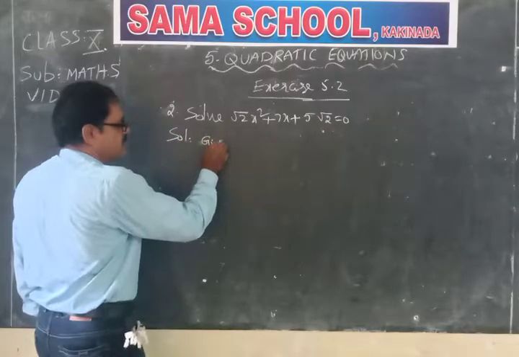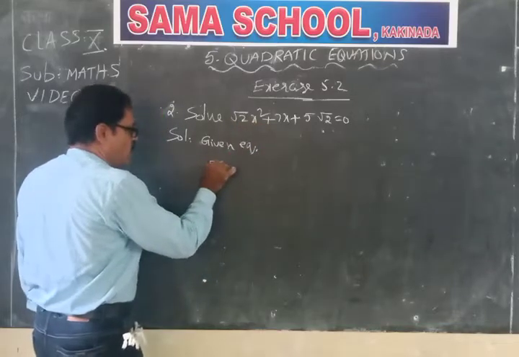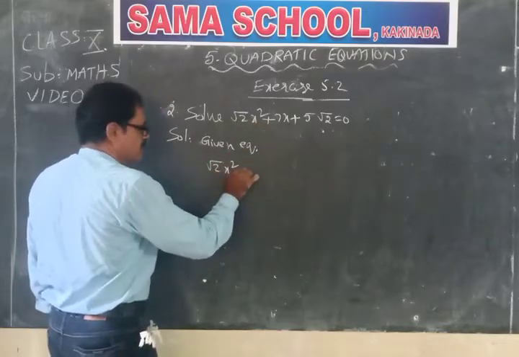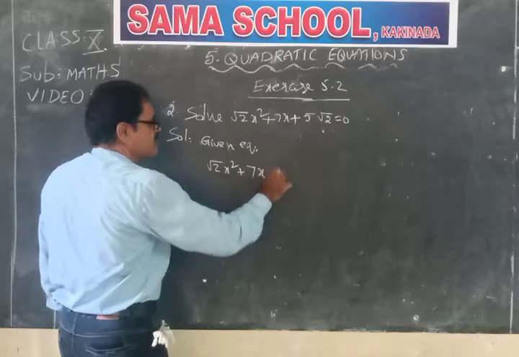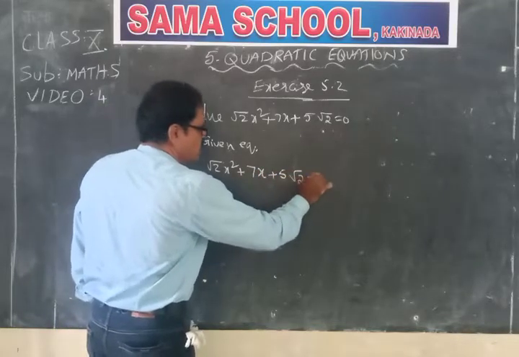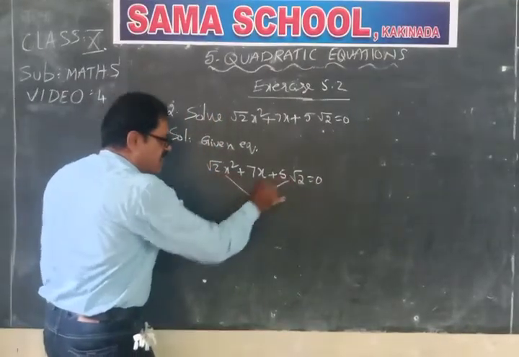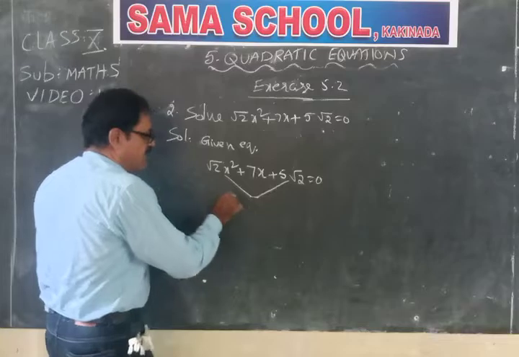Given equation: root 2x square plus 7x plus 5 root 2 is equal to 0. Multiply the first term and the last term. What do we get?